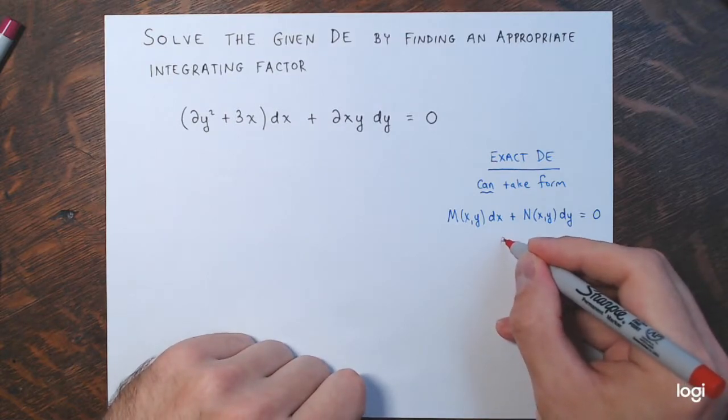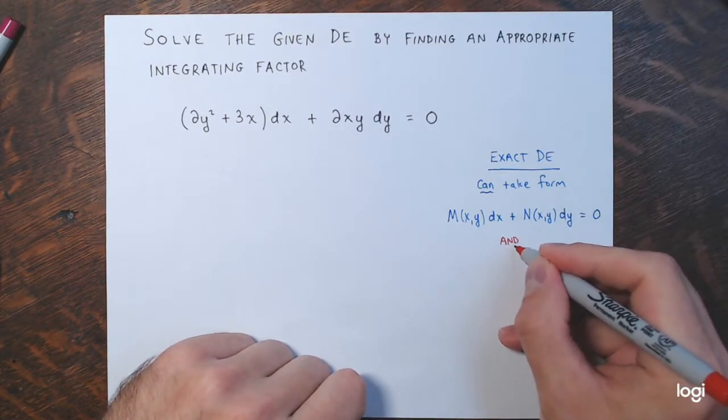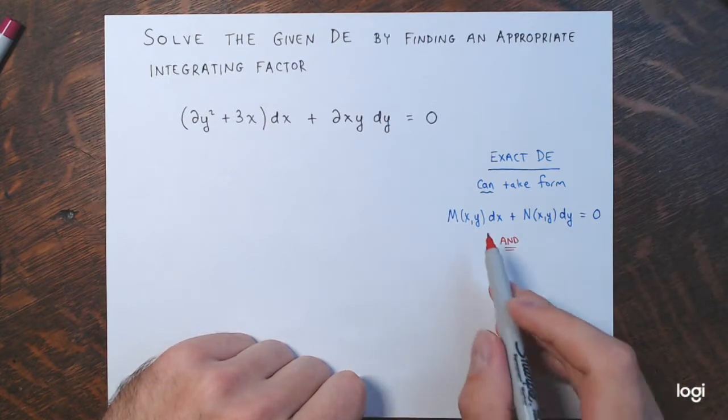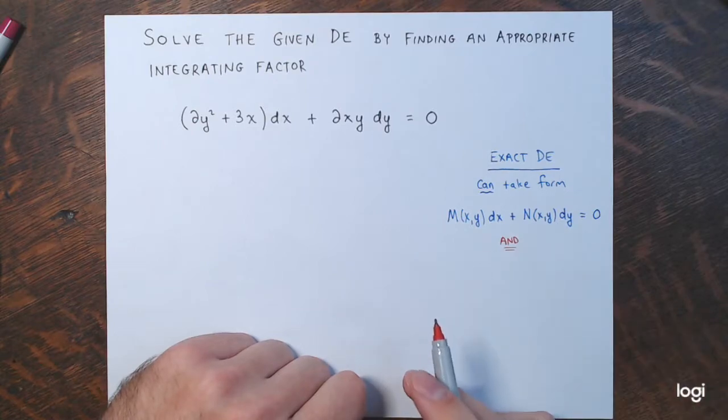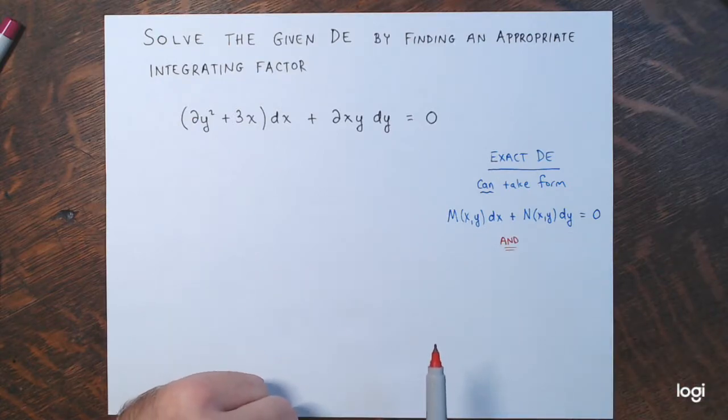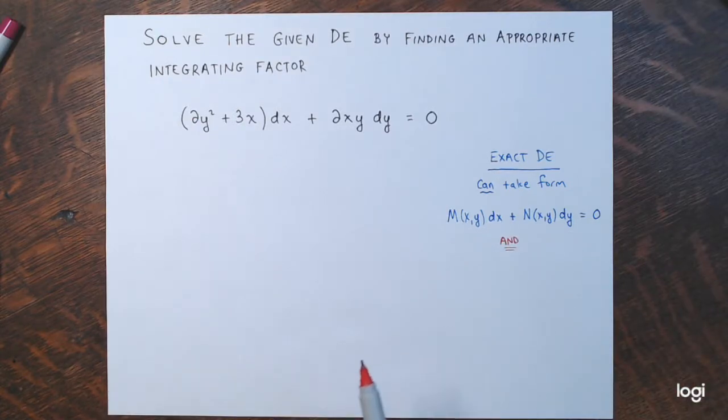On top of being able to take this form, the left side is also the total differential of some function of two variables. And please know that the variables don't always have to be x and y. You might come across other examples with variables not x and y, but I'm going to use x and y.